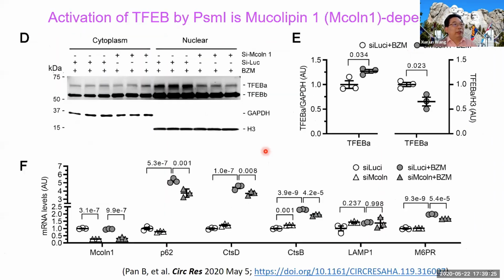This activation of TFEB by PSMI also requires mucolipin-1, or MCOLN1. Remember, that's the calcium or iron channel on the lysosomal membrane that mediates the calcium release to activate calcineurin. And this knockdown certainly blocked, or attenuated, the proteasome inhibition-induced nuclear translocation of TFEB-A here.